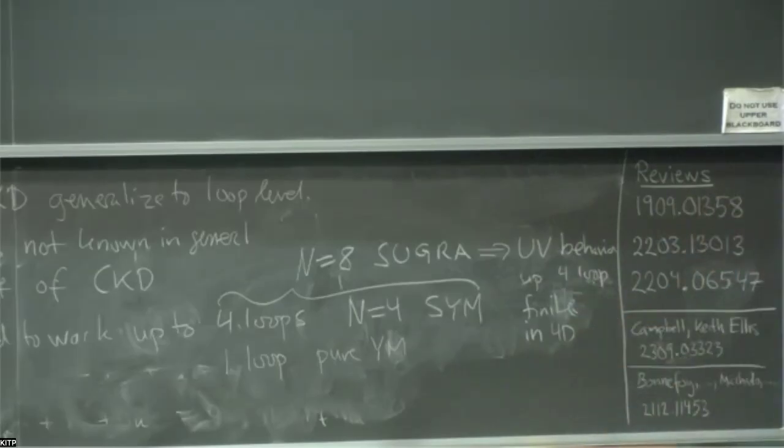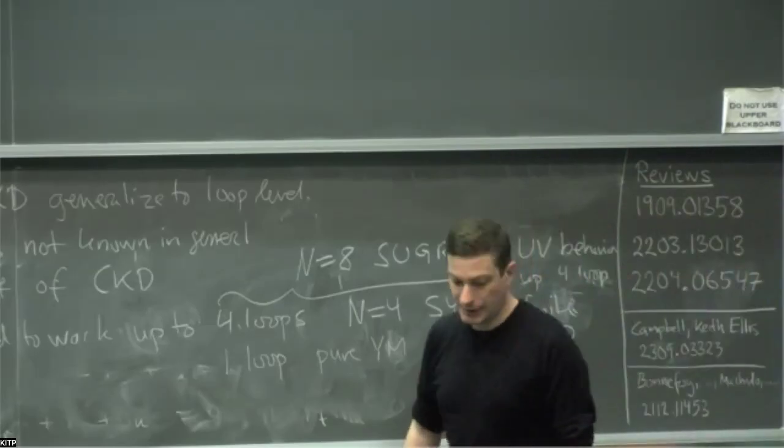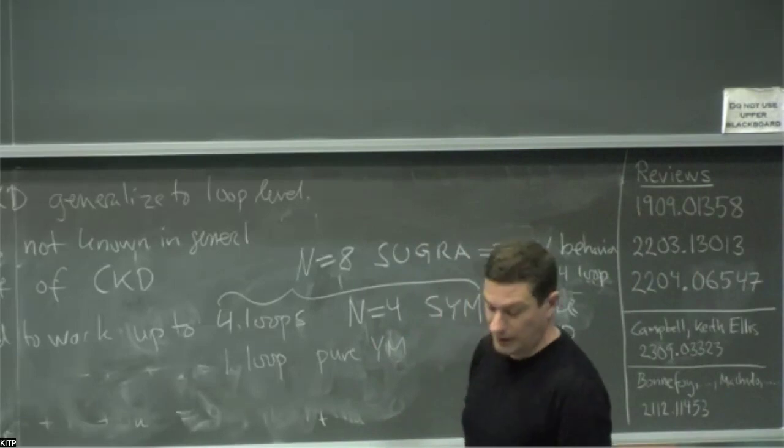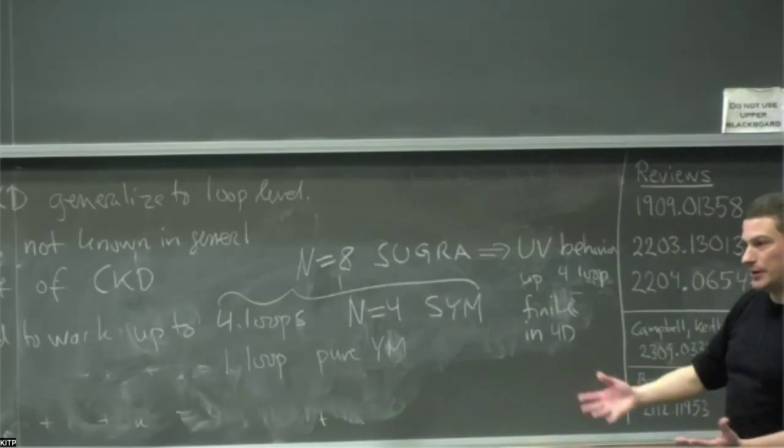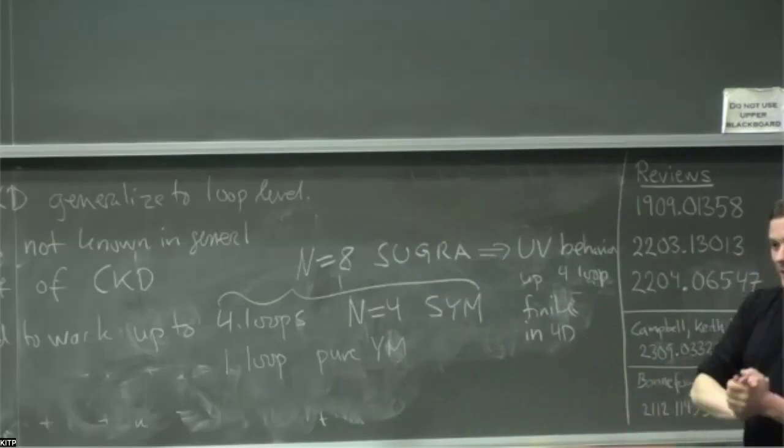Is N equals 8 supergravity finite at 7 loops or not? Because if it is, then that's a miracle, and if there's one miracle, maybe there are more miracles. But in order to know that, you have to calculate. I think there's no other way of knowing whether there's a divergence or not, except for calculating.